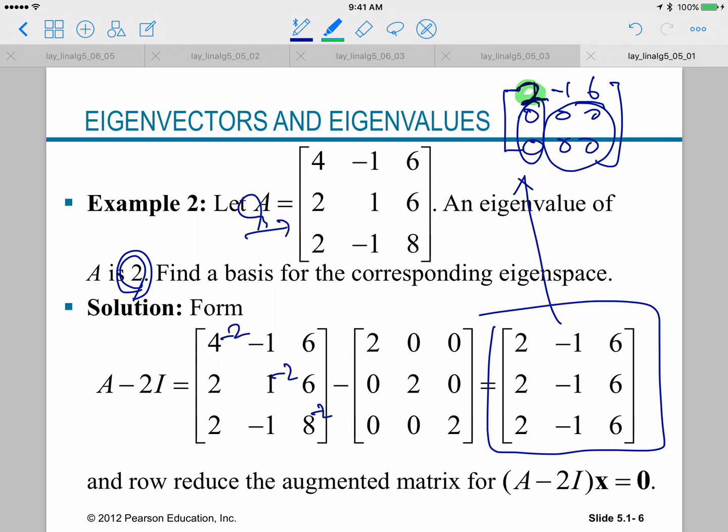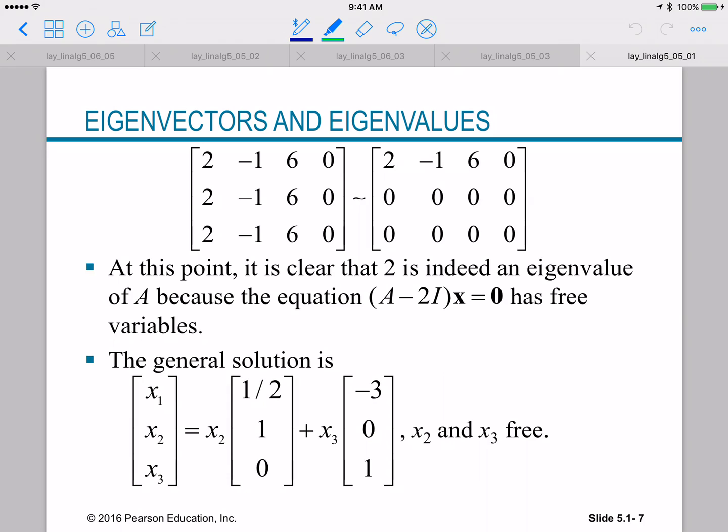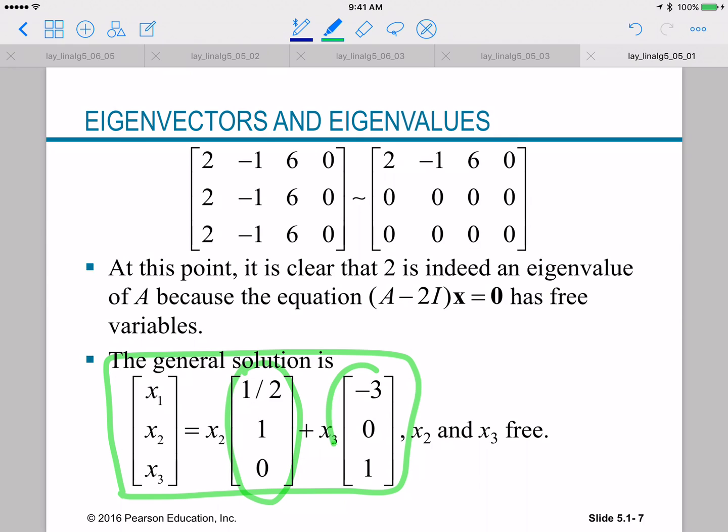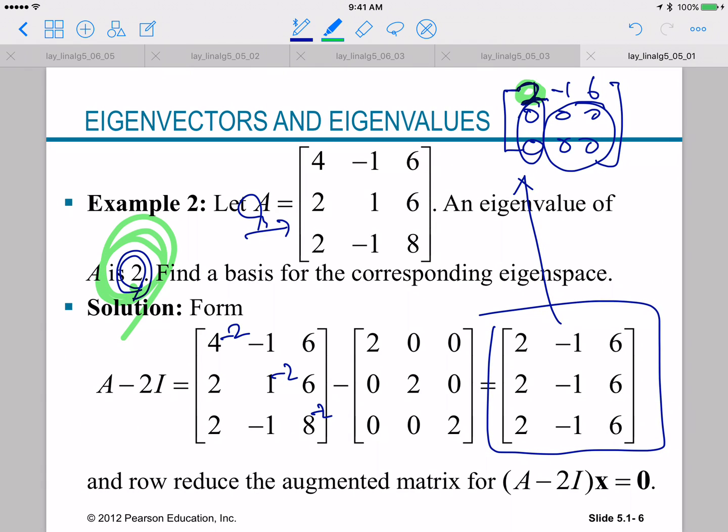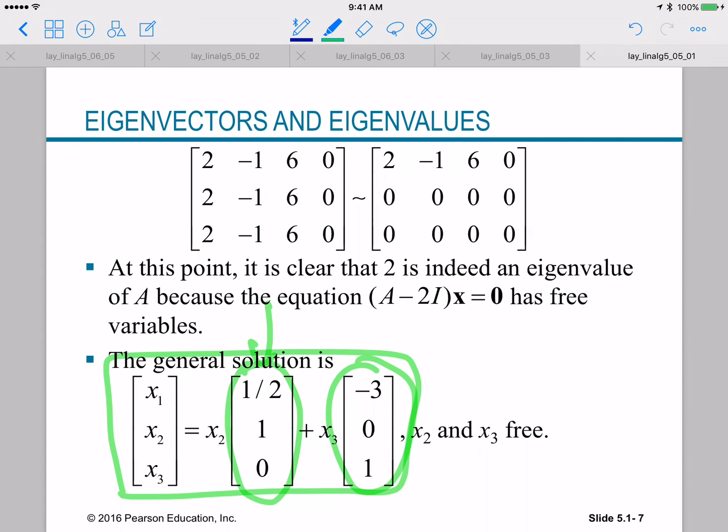So in that case, we have two free parameters and also two associated basis vectors, right? This is your parametric vector form, and these two vectors are the eigenvectors, right? And they have the corresponding eigenvalue as what? 2, because we started with the eigenvalue of 2, and then we obtained these two different eigenvectors.